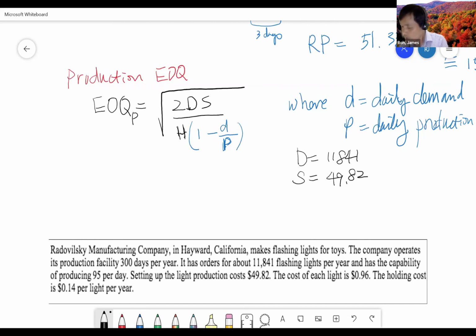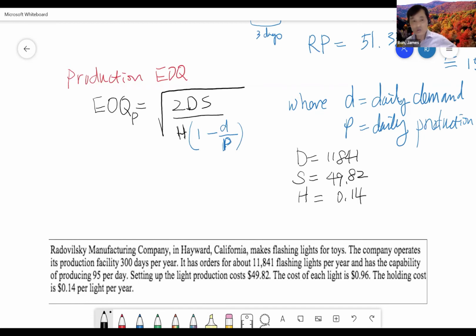And then we have H, annual holding cost. The cost of each light was 0.96. Oh, 0.14, thank you. Yes, 0.14 was the holding cost.